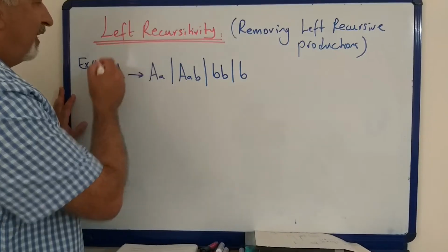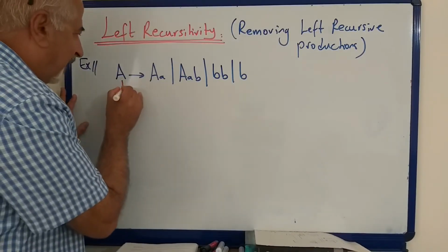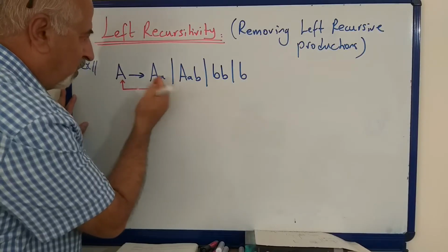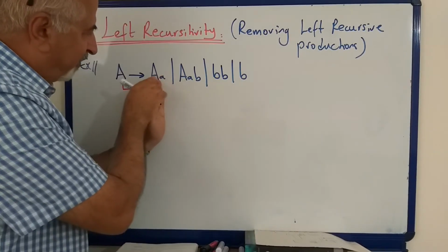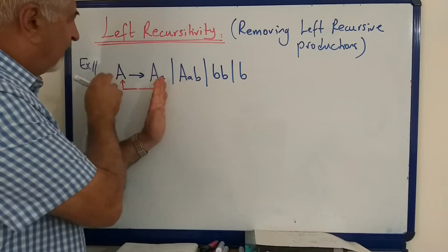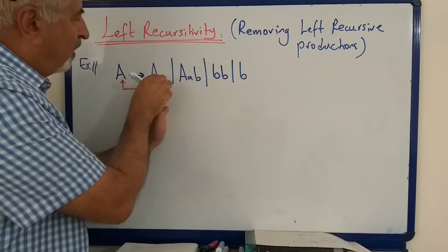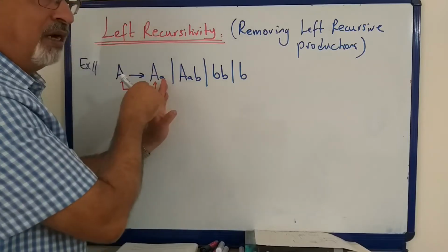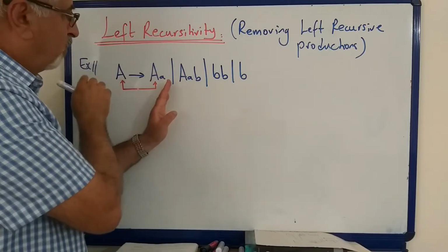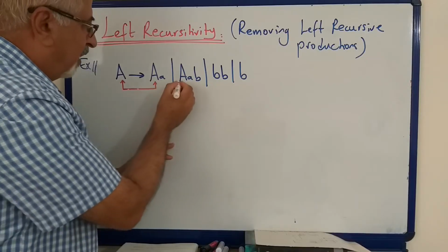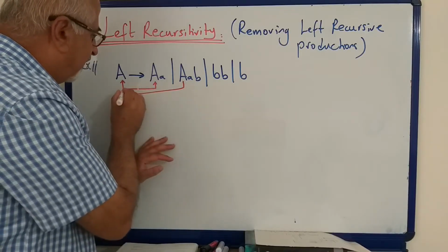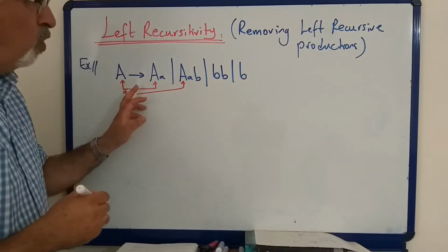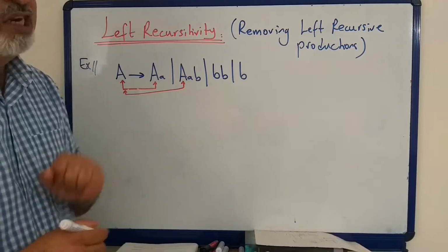Left recursivity means this letter and this letter are the same. The left-hand side is A. Here, the most left variable is again A. So this is called left recursivity. Also, this is left recursivity. So I have here two left recursive productions.